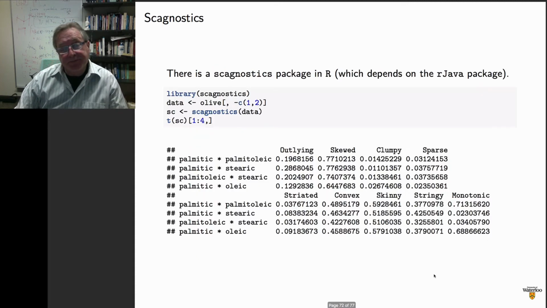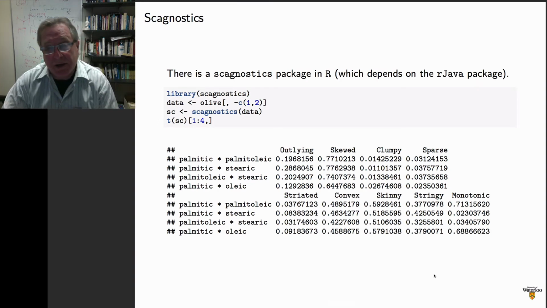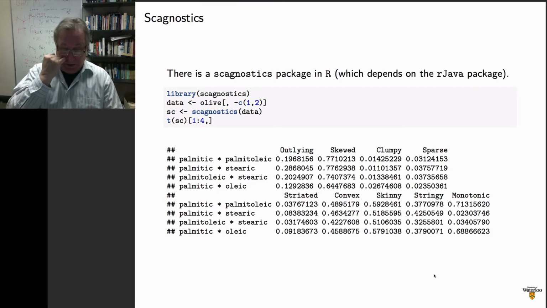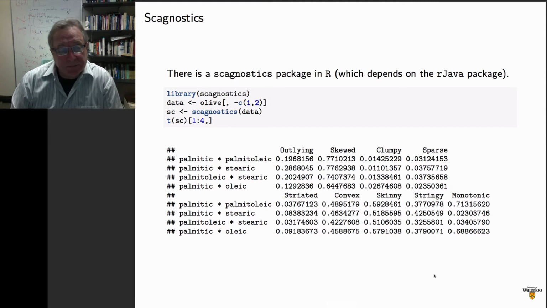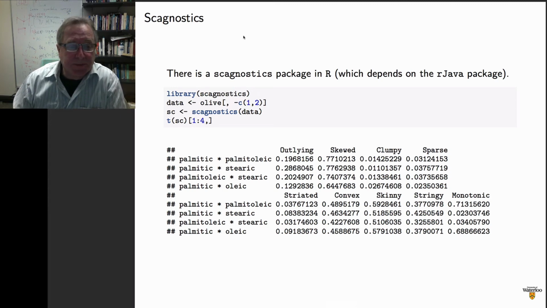Okay. So in R, there's a package based on the Wilkinson et al. code in Java. This R package was implemented by Simon Urbanek, and we'll just get the scagnostics. So you have the data set here. We have all the olive acids.